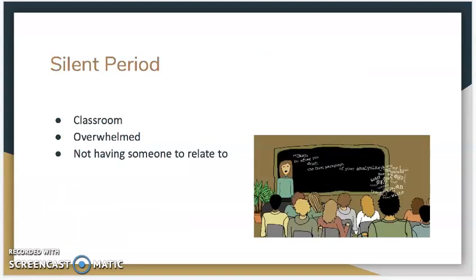The silent period. To me, the silent period is when the learner is lost, they could be confused, or they could even be too scared to start learning their new language.